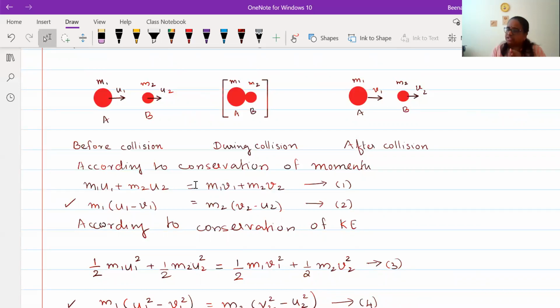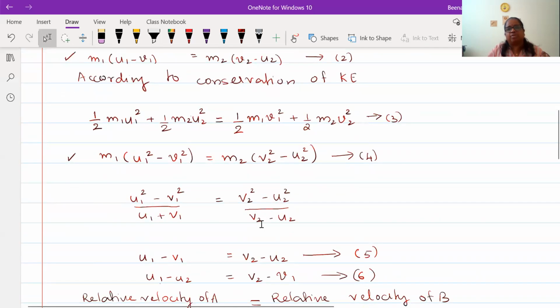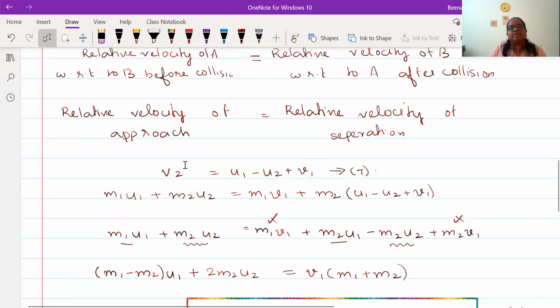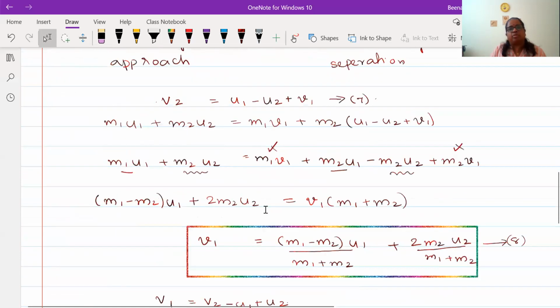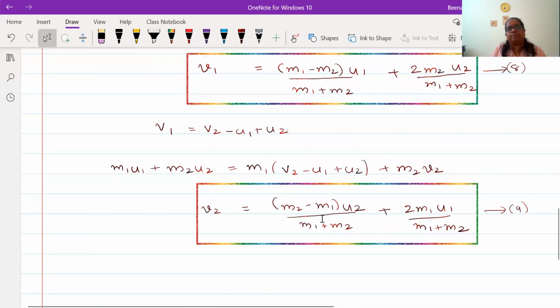Then according to conservation of kinetic energy, we wrote the equation. Then we rearranged the terms and divided one equation by the other, as you can see in this step. Then we solved for v1 and v2 and substituted into the original equation for conservation of momentum. So these are the final expressions we get for v1 and v2.